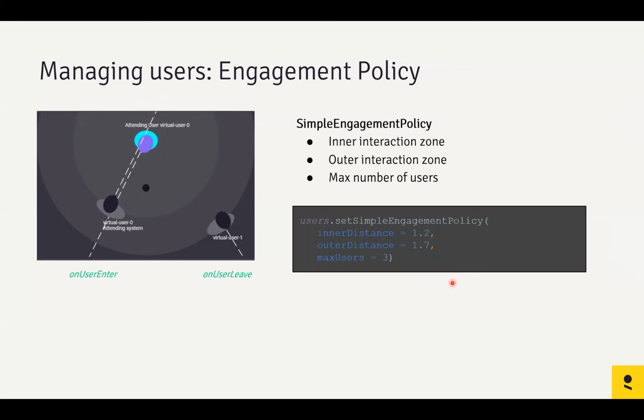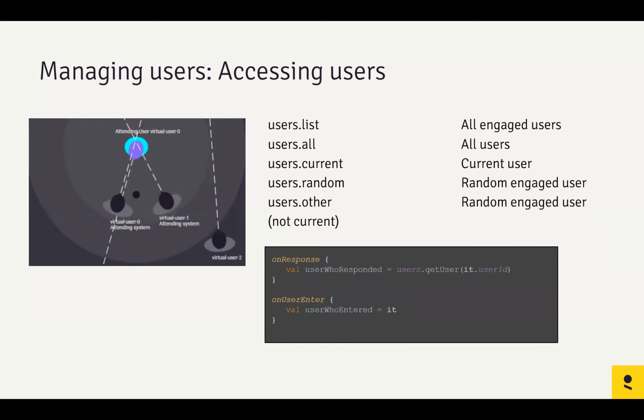If you use the Kotlin code, you can actually specify how you want this engagement policy to look like, using the different parameters for how many users you accept and so on. In Kotlin, you might access through these different functions a list of all users that are engaged and which is the current user, and so on.